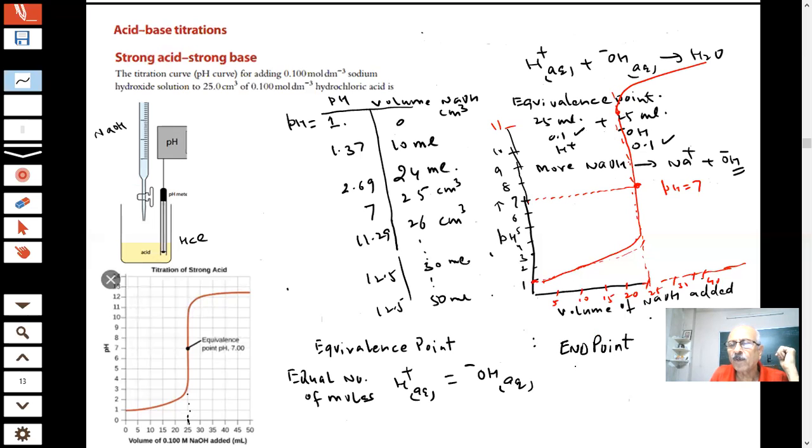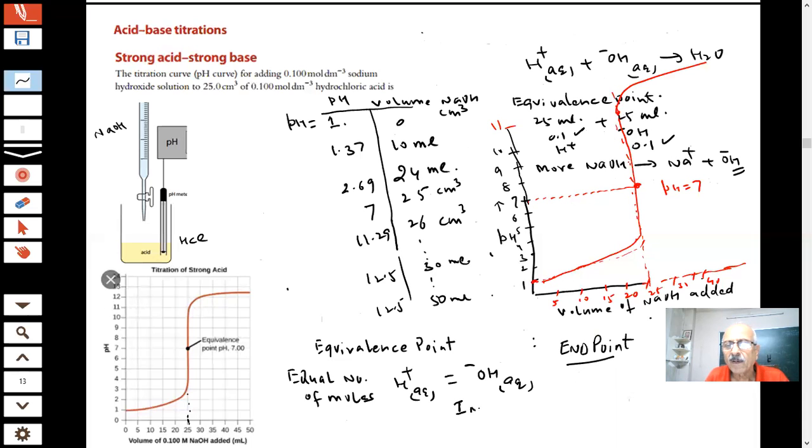End point. So we need to know, when we are titrating a strong base and strong acid here, when the end point has come. Can you tell me how do you know the end point has come? What do you use to know the end point?